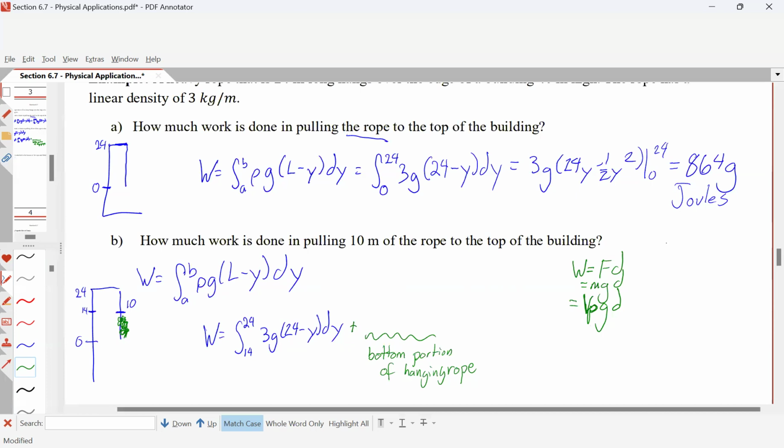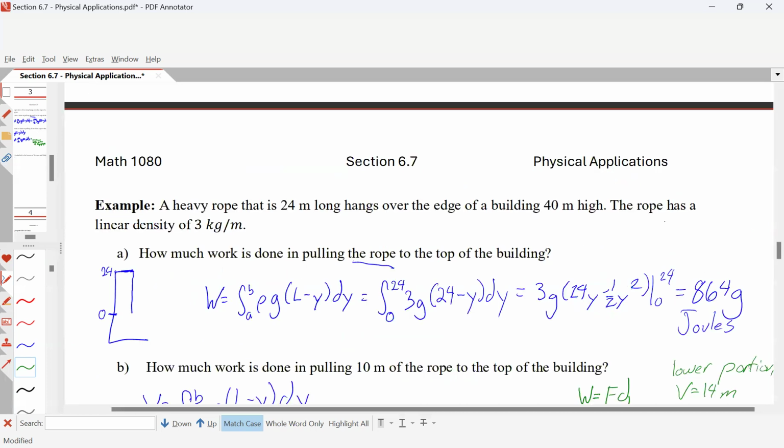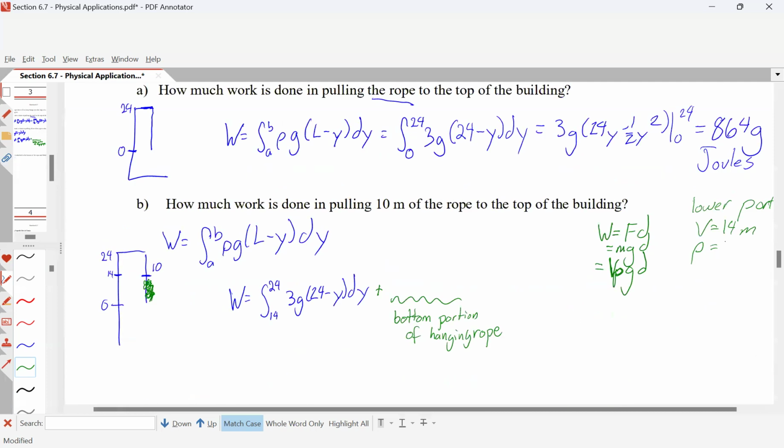For the bottom portion of rope, that volume of rope is, well, there's 14 meters not being pulled to the top. The constant density is 3. Gravity, 9.8, or just G. And the distance it moves is that 10 meters.